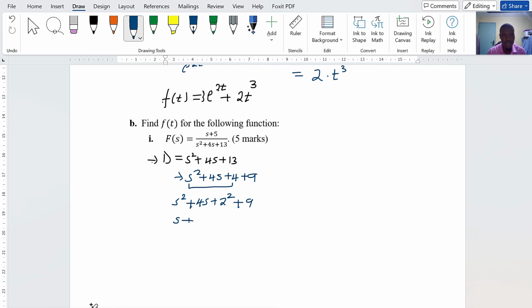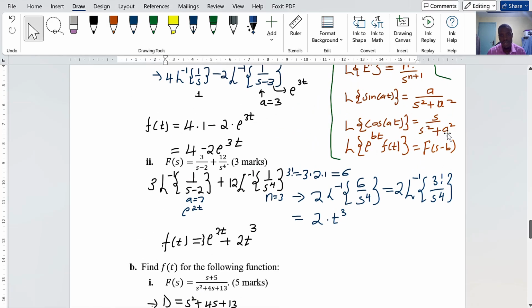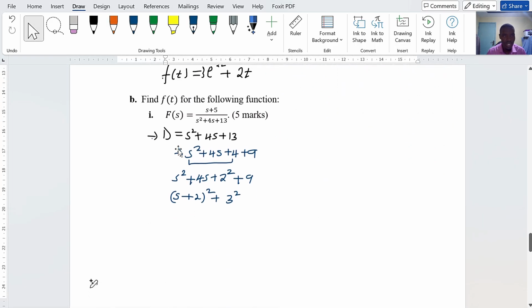So s plus 2, then you square, then also 9 can be 3 squared, because we just need our denominator to look like s squared plus a squared. So let's see what we have in the numerator. The numerator is s plus 5. So we need the numerator to look like this shift here.